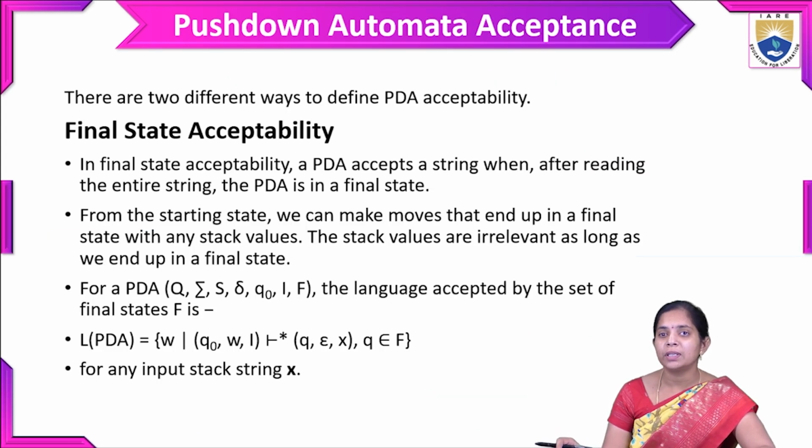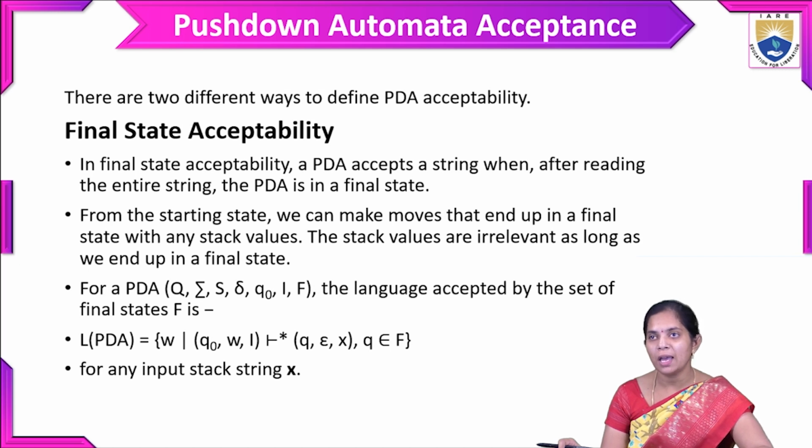And here, what is a pushdown automata? For pushdown automata, there are 2 different ways to define acceptability. The first one is final state acceptability and the second one is empty stack acceptability.